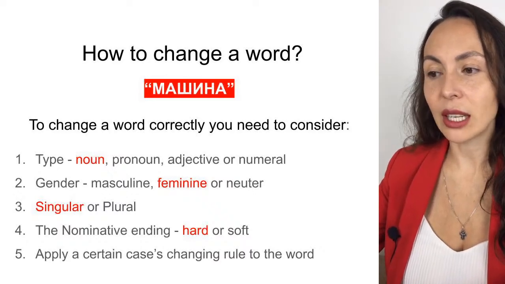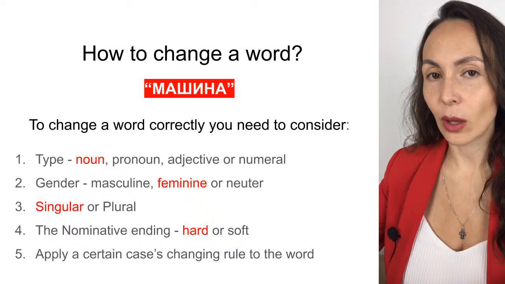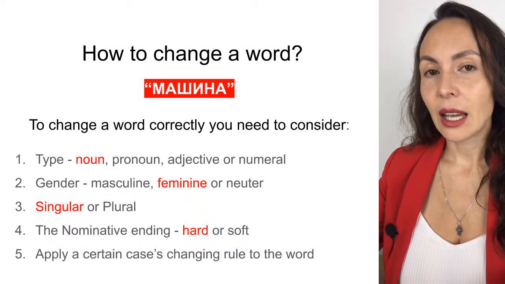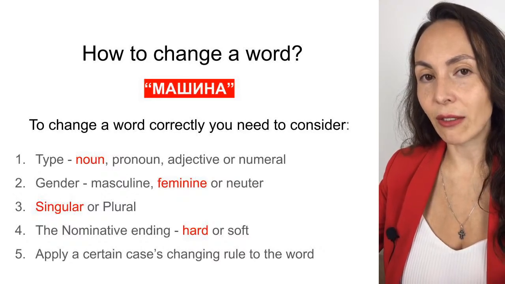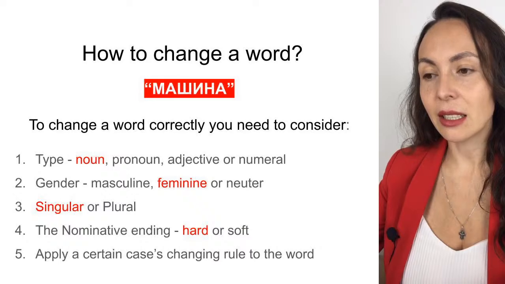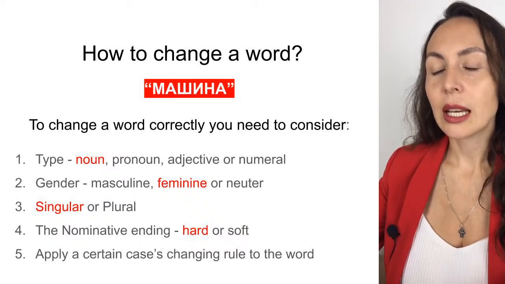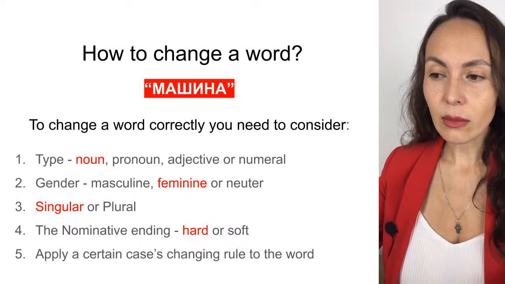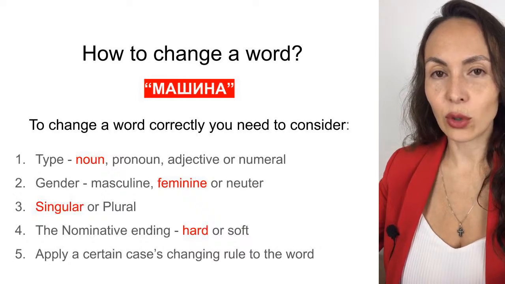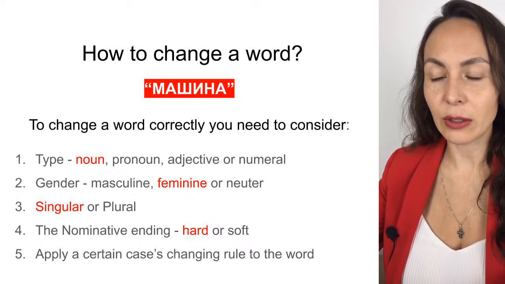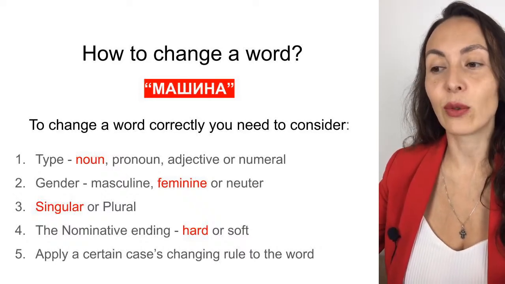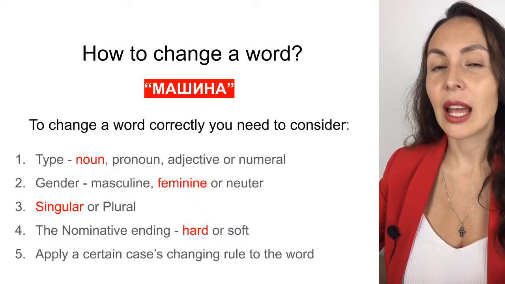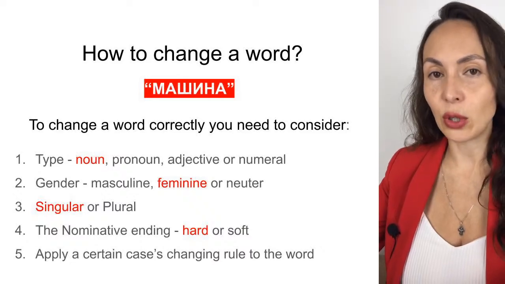Is it an adjective or a numeral? Again, every single case has its own system for every single word type. So you have rules of the accusative case for nouns. You have rules of the accusative case for pronouns, and so on for adjectives, for numerals.